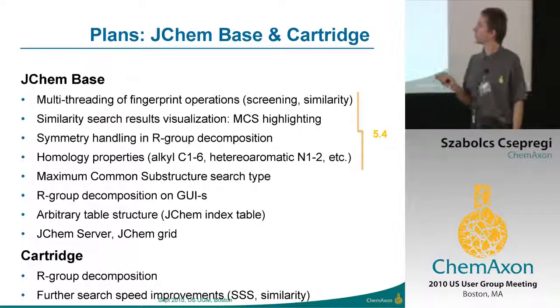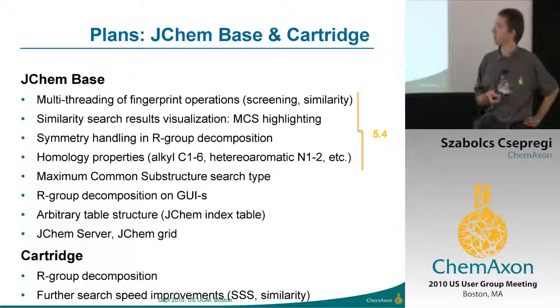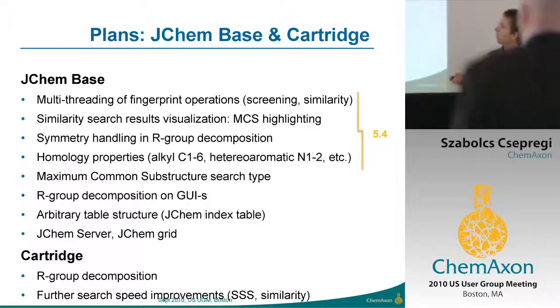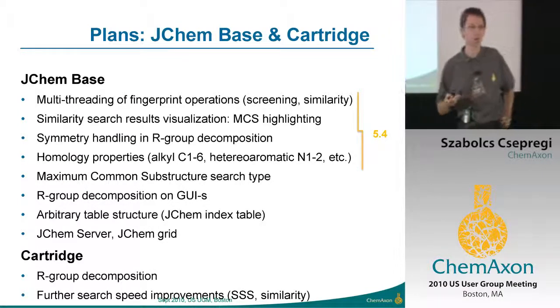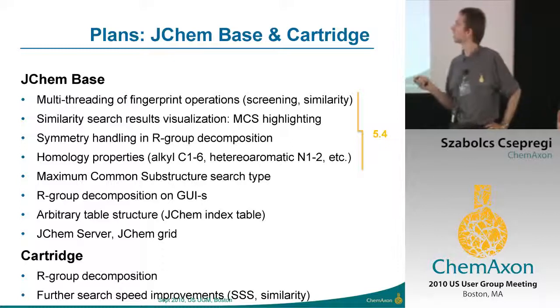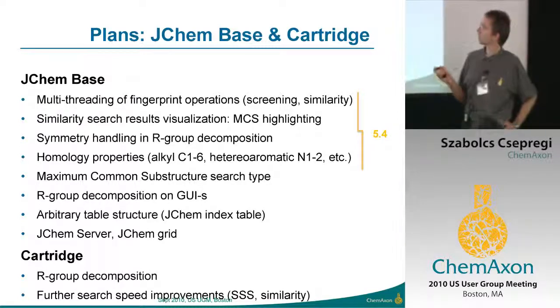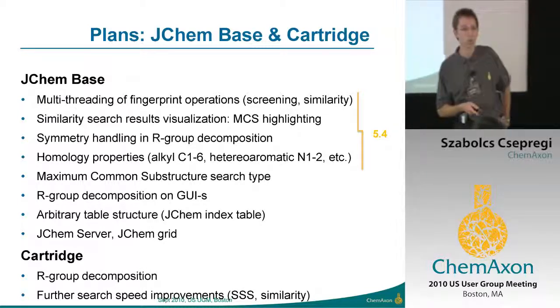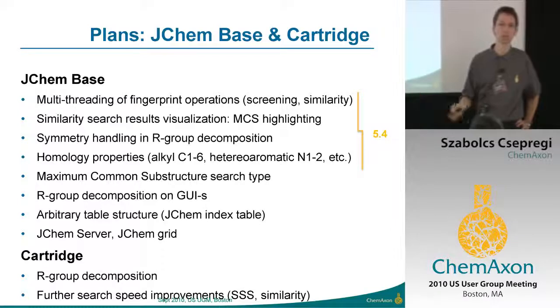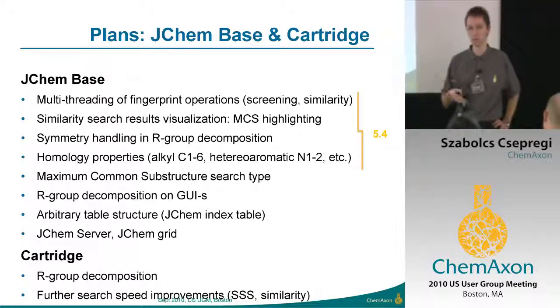And there are many other things that we have in plan. For example, we are planning a maximum common substructure search type, not just for visualization, but real searching. We plan R group decomposition user interfaces in IJC, Instant JChem.